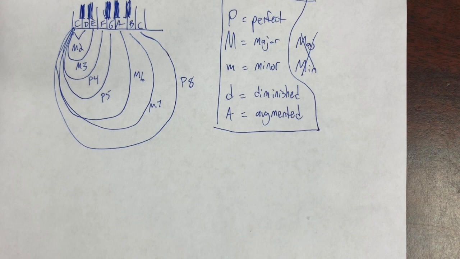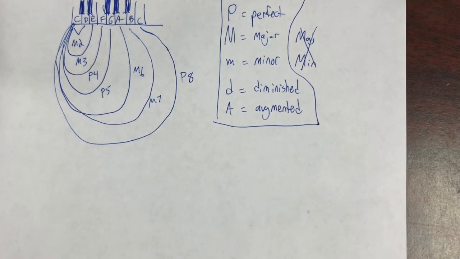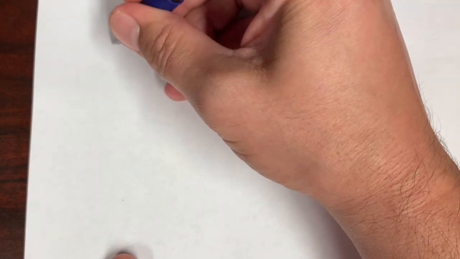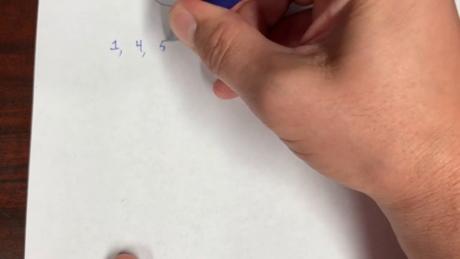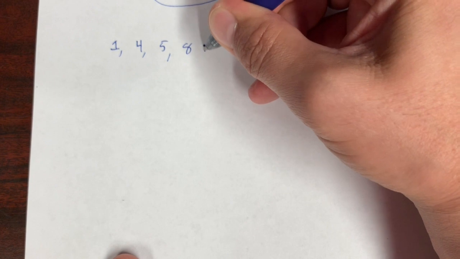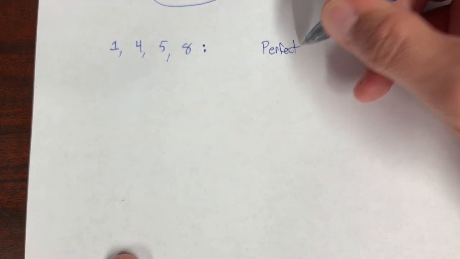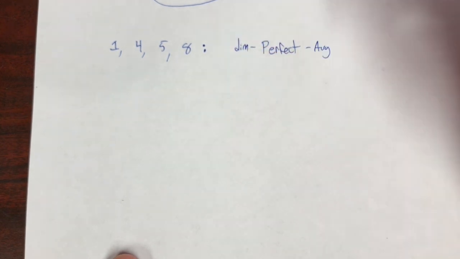Now, today I want to talk about it a different way. There's kind of two families of intervals. There's intervals that can be perfect, and those include unisons, fourths, fifths, and octaves. Those can be perfect, and if they're not perfect, they're augmented or diminished.